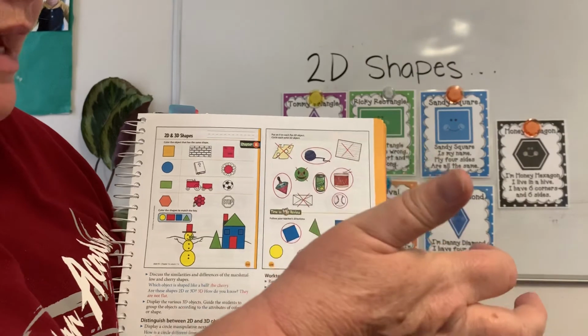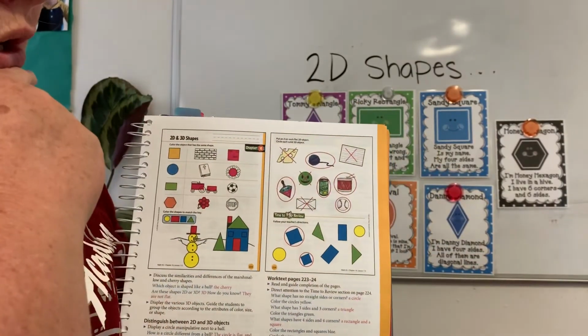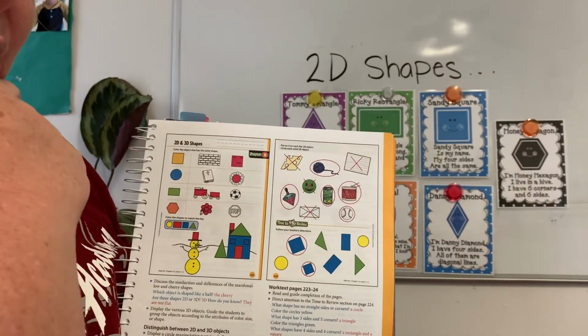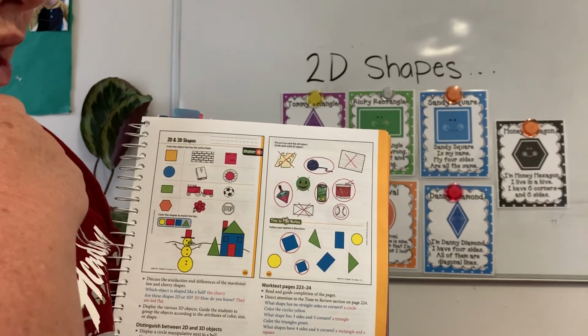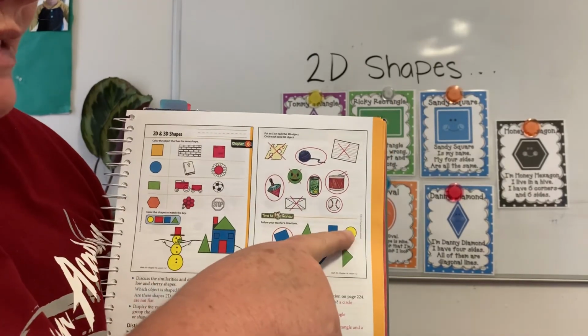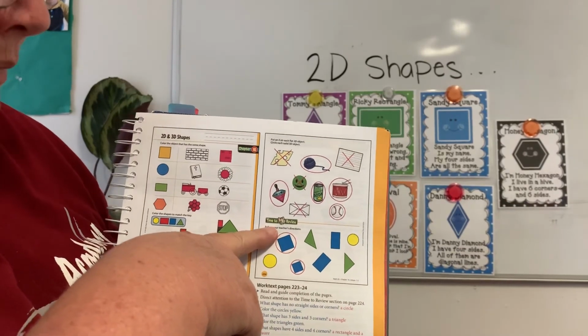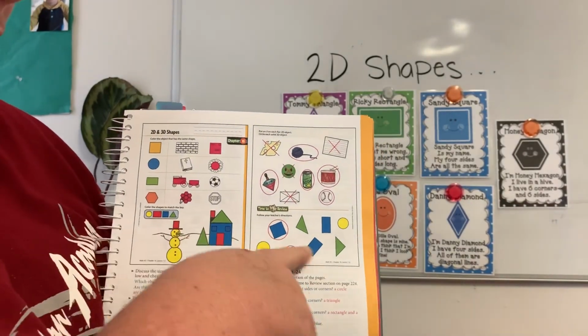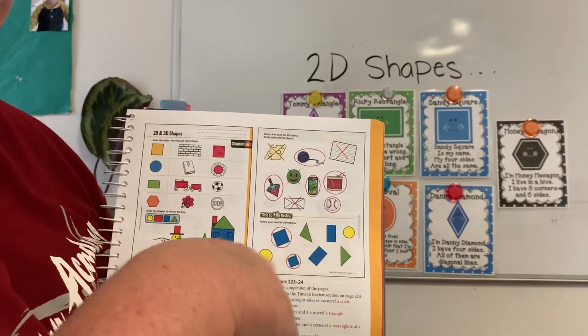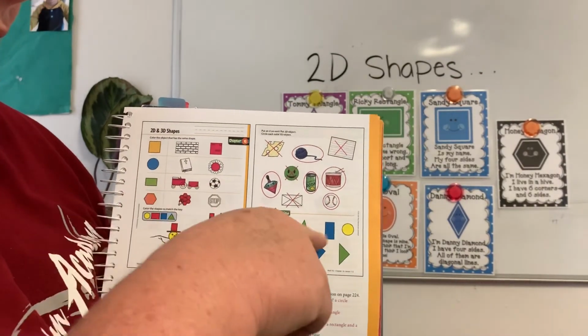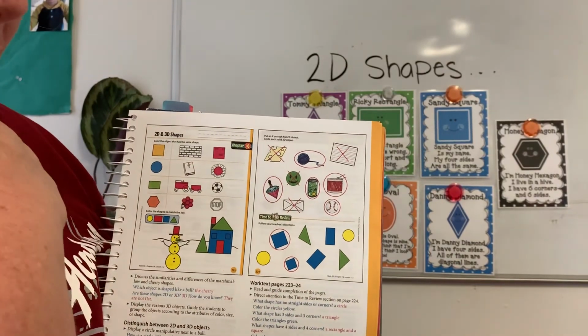Like say it's a rectangle, have them circle the rectangles in red. Have them circle the circles in yellow, the squares are blue, and the rectangles are red, and the triangles are green. So have them match the color key in circling these objects.